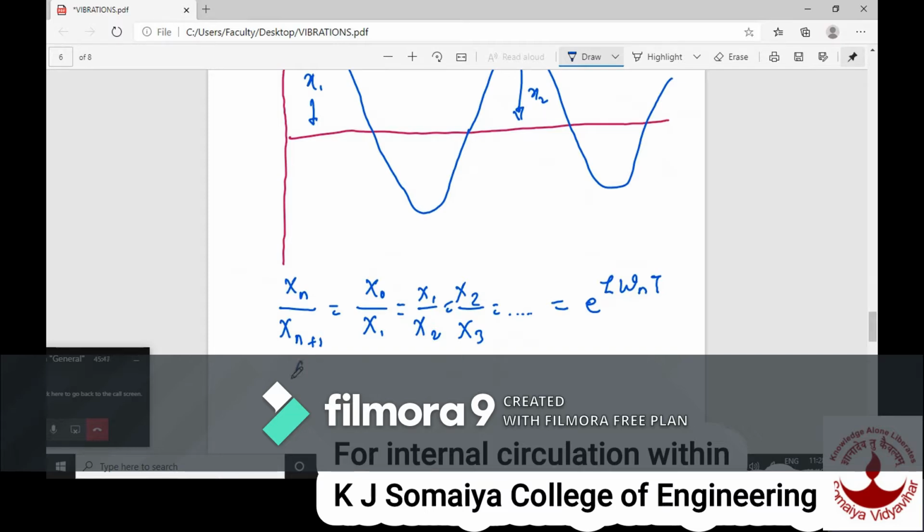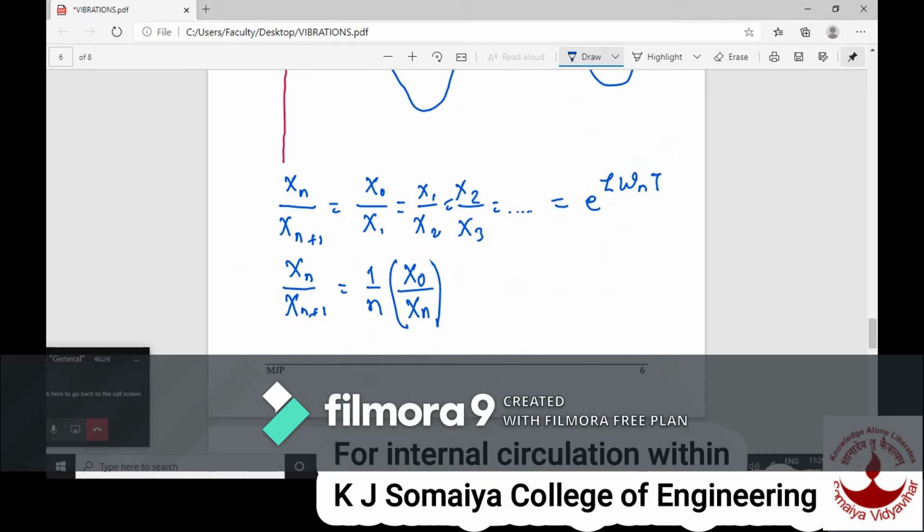Also this can be written as xn plus 1 equal to 1 upon n into x0 by xn. So from this, we see this decrement is actually following the logarithmic way.